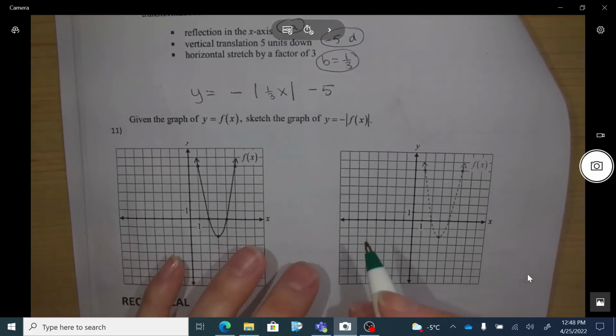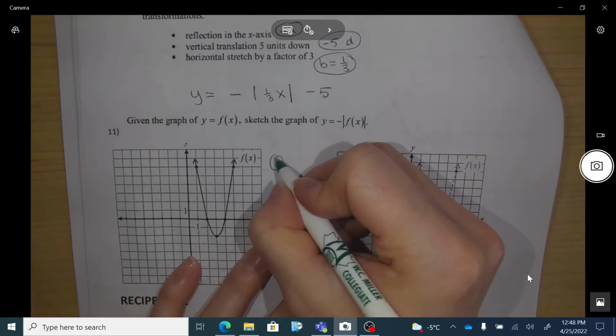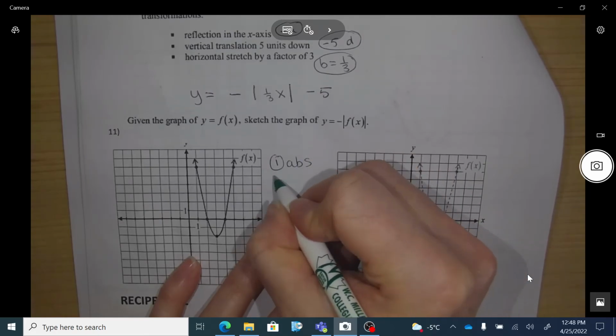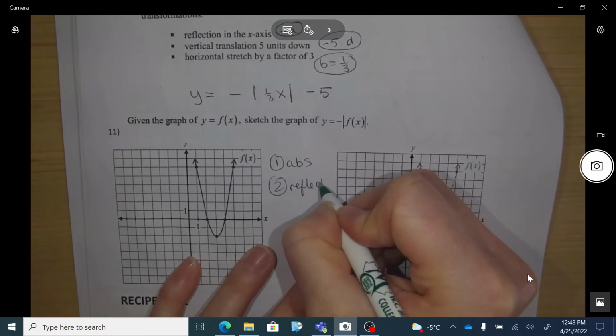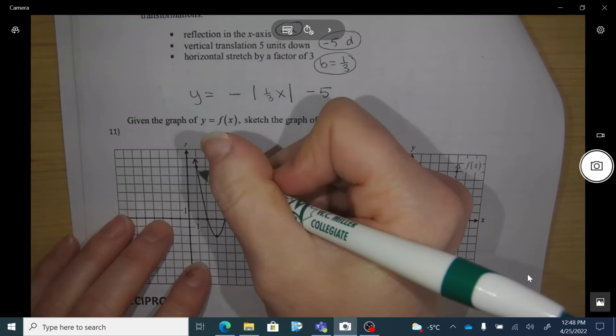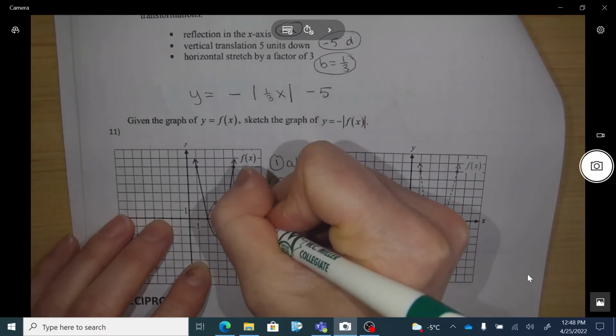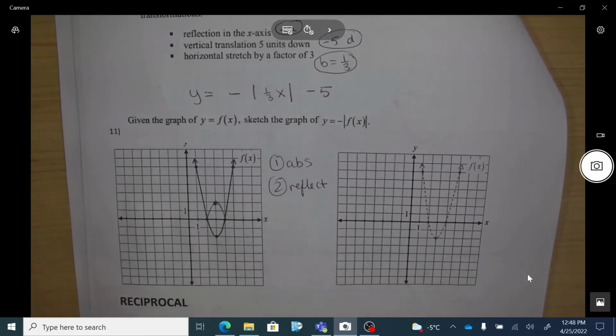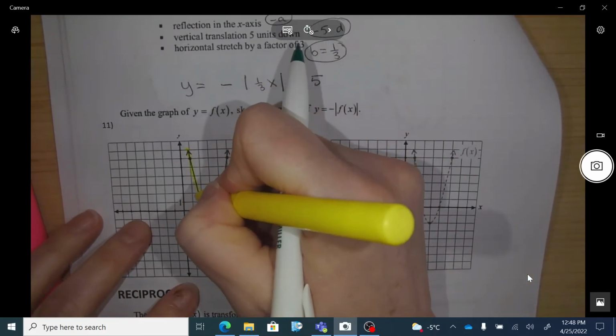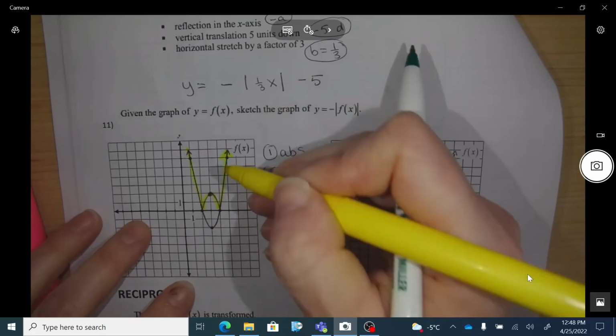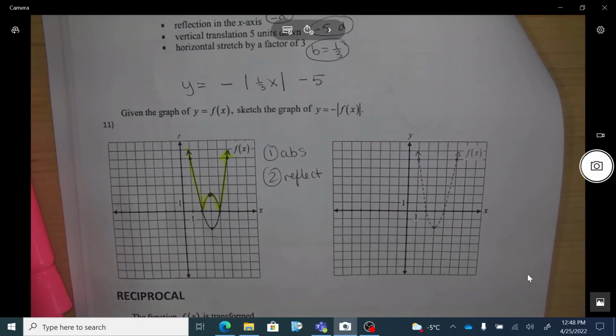Sketching this graph, so we're going to first absolute it, then reflect. So absoluting it stays, and then this middle portion. So if I absolute it, that's what you're looking at.